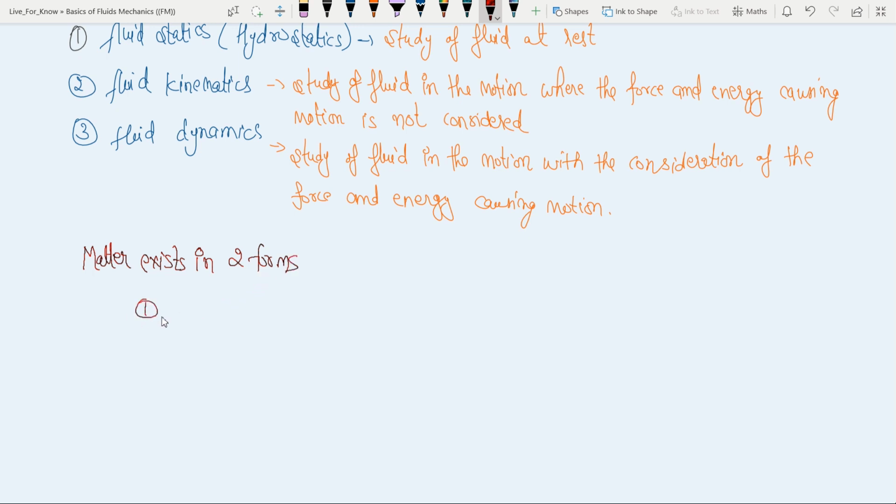Number one is solid, and number two is fluid. And fluid is divided into two parts, liquid and gas.